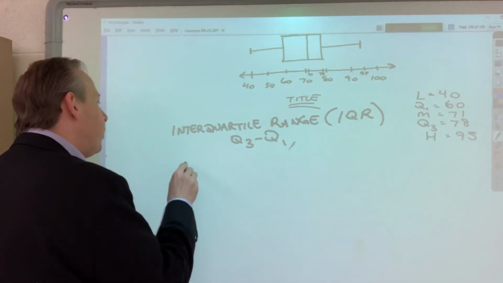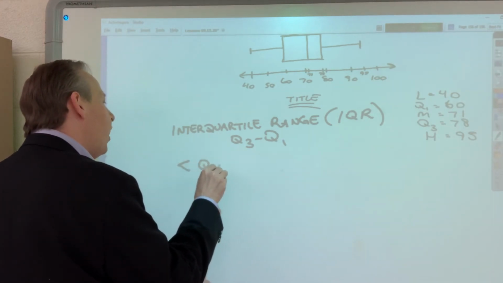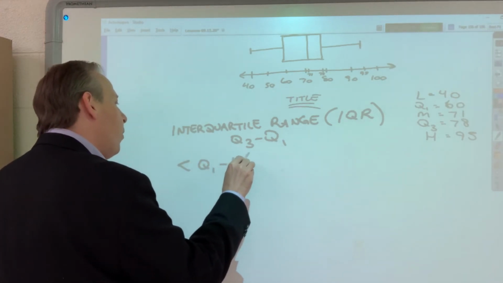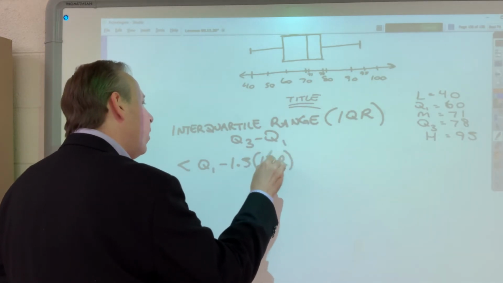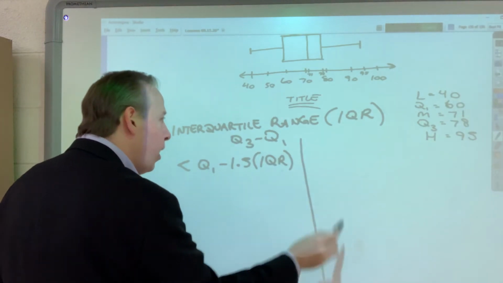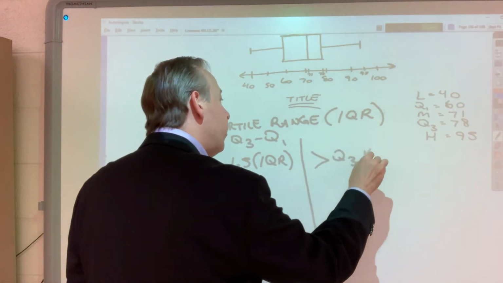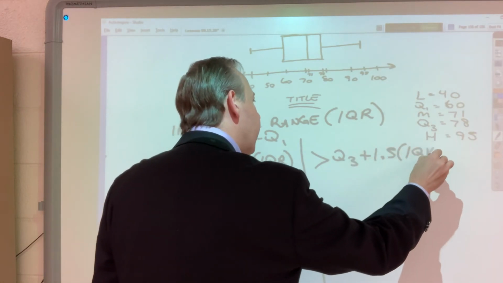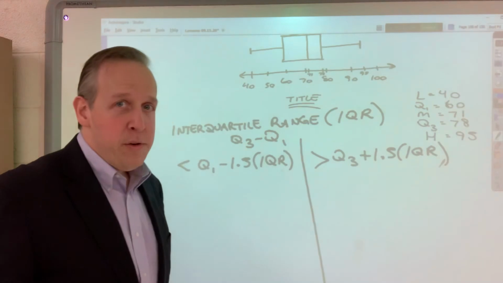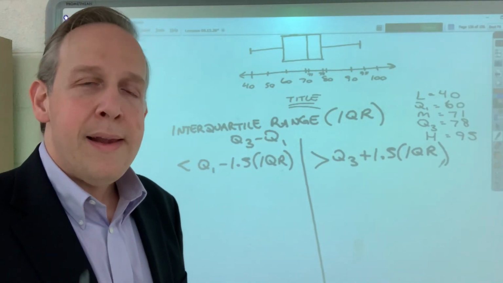So outliers would live less than the first quartile minus 1.5 times the IQR. Also, more than the third quartile plus 1.5 times the IQR. If a value falls outside of that range, it's considered to be an outlier.